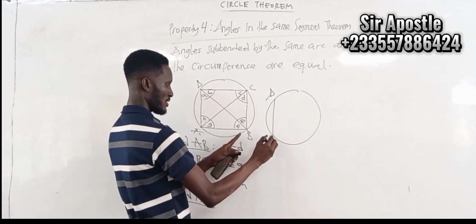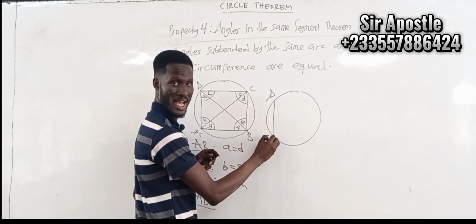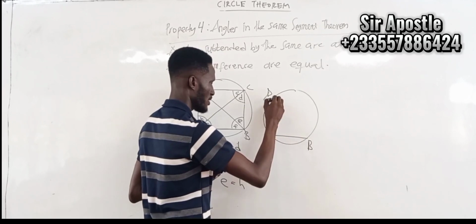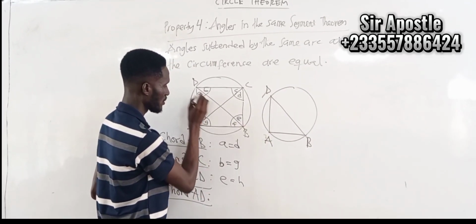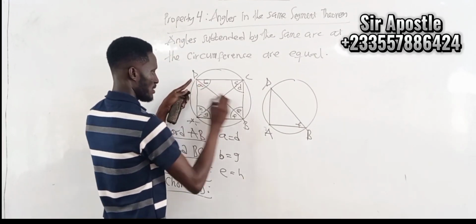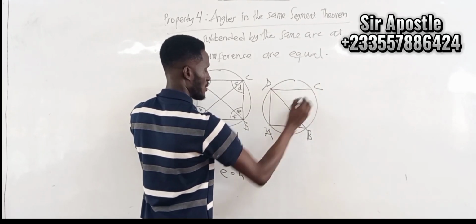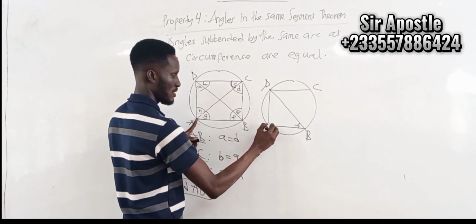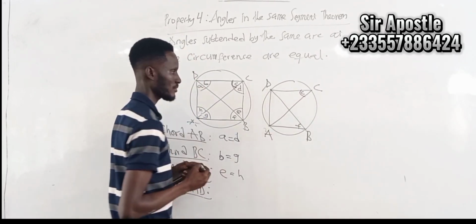Now the A comes here to form an angle at B. So this one forms an angle at B. This one meets it here. The angle formed here is F. Now the same D forms an angle at C. So this one moves to C. This one also meets it at C. The angle formed here is C. Are you following?